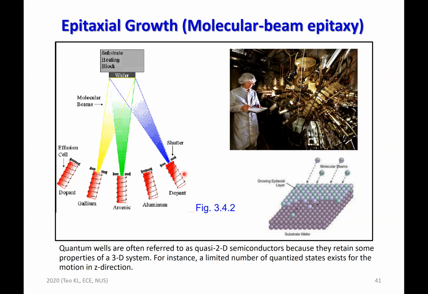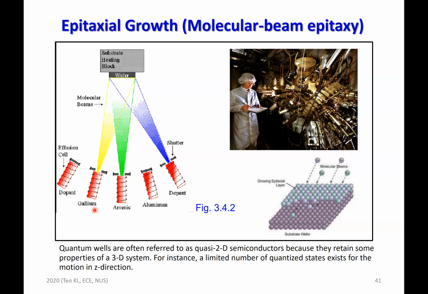And the sources themselves are basically solid sources, which come in different granular sizes, about 1 or 2 mm, of aluminum or arsenic or gallium source. The purity could be up to 6N.